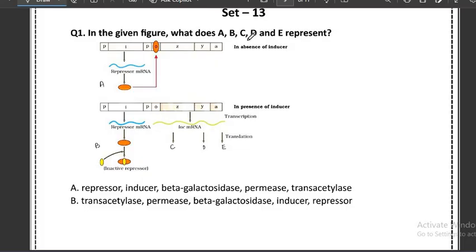In the given figure, what do A, B, C, D and E represent? A, repressor, inducer, beta-galactosidase, permease, transacetylase. B, transacetylase, permease, beta-galactosidase, inducer, repressor.